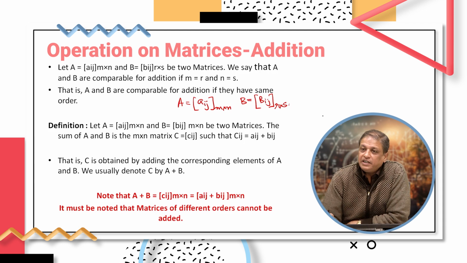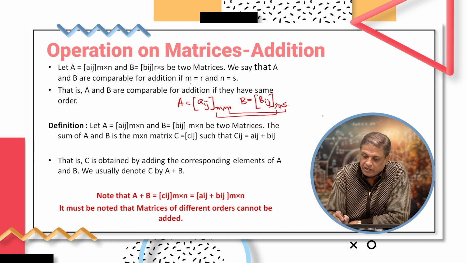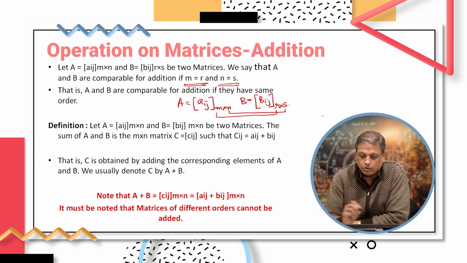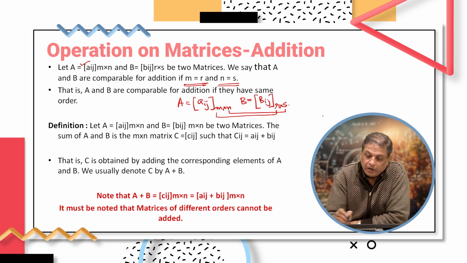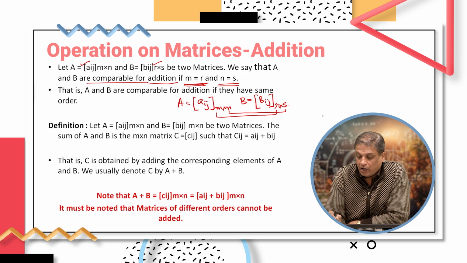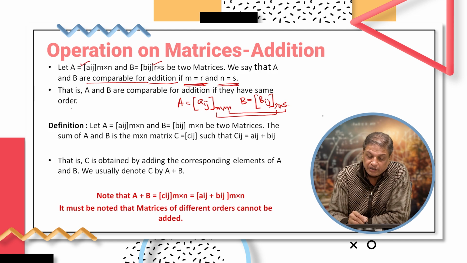Then the addition of the matrices is possible if m is equal to r, that is, the number of rows of both are the same, and the number of columns of both are the same, that is, m is equal to r and n is equal to s. So, let Aij, m cross n, and Bij, r cross s, be two matrices; then A and B are comparable for addition if m is equal to r and n is equal to s. That is, A and B are comparable for addition if they have the same order.